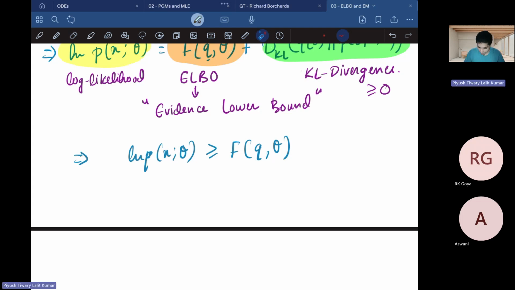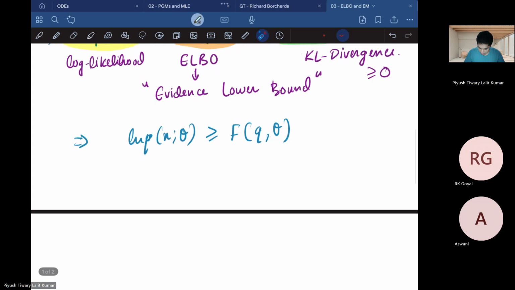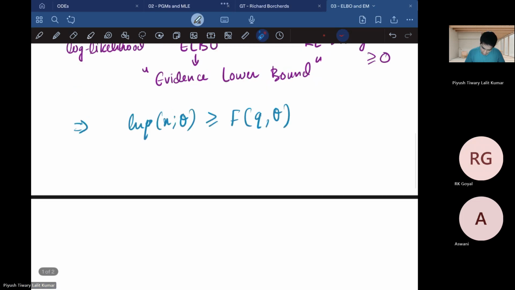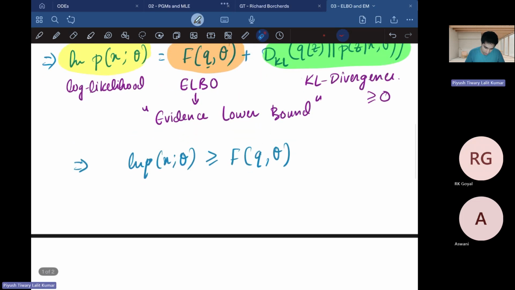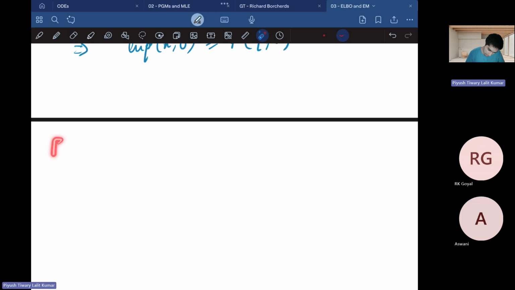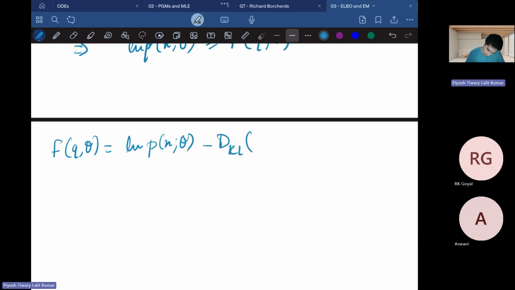Okay, fine. But what is the benefit of this thing? Let's see. If I write the above equation again, F of q comma theta is equal to log of p of x given theta minus D KL between q of z and p of z given x, theta, right?